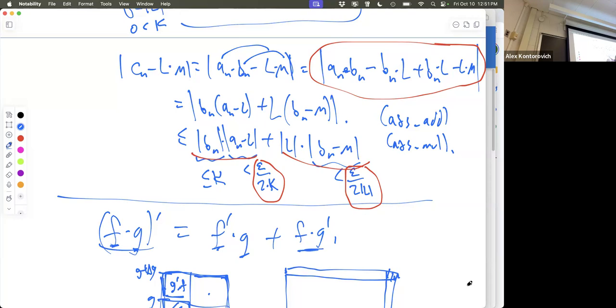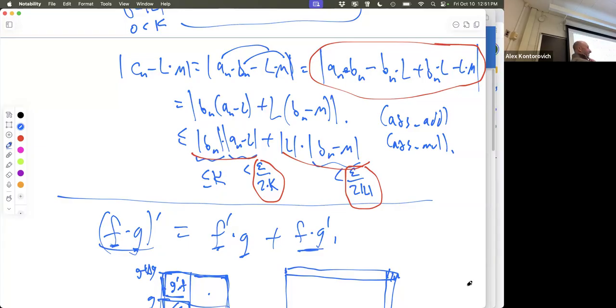Send A to L, leaving B alone, and then send B to M once A is already equal to L. Kind of the math trick is, we can insert the 0. And since we're trying to prove a bound, you can separate them. If we're in a different territory where we want equality, this trick is not as useful.